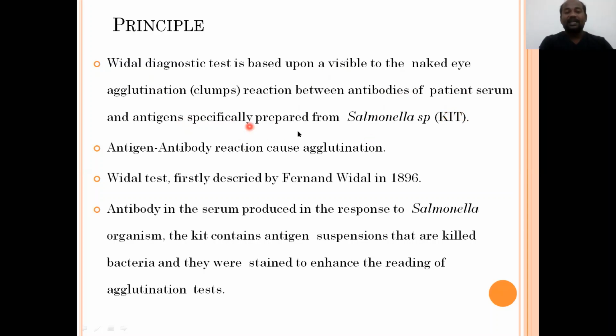It's caused by the antigen present in the kit plus the antibodies present in the patient serum or blood, making an agglutination reaction which can be observed with the naked eye. So this is the principle: antigen-antibody reactions causing agglutination.